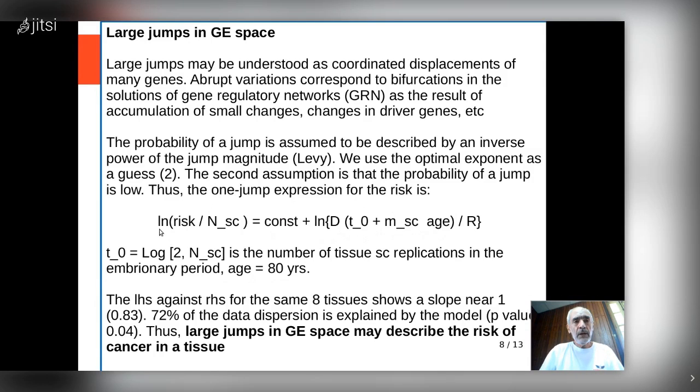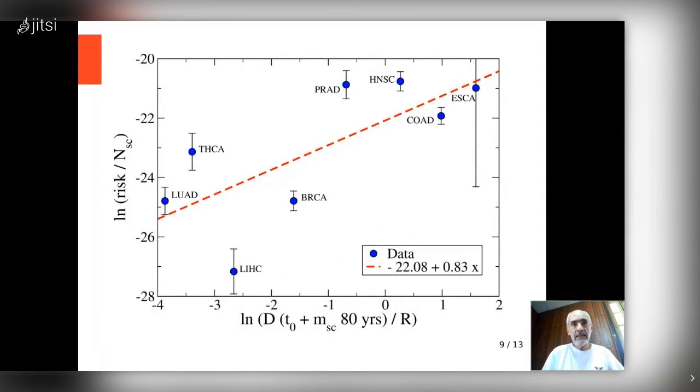Again, we plot the left-hand side against the right-hand side, and we should get a straight line with a unit slope. This is a prediction if the model works. And indeed, that is what happens. I again stress that there are no free parameters in this figure.